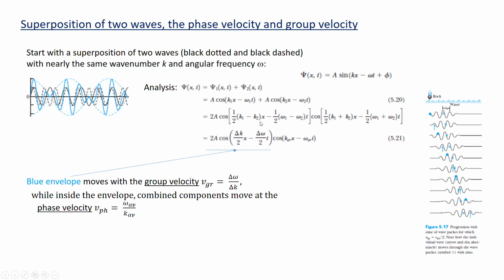So that's just an everyday example. Okay, so for wave packets, we're concerned with the group velocity, because we want to know the velocity of this overall group as it moves through space, not the individual component waves which are making up the group.